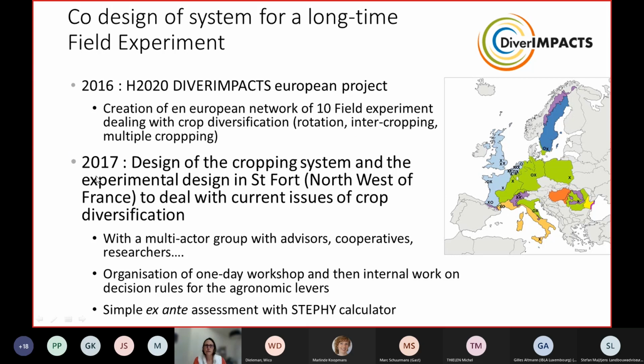So in 2017, we designed the cropping system and the experimental design of our field experiment to deal with the current issues of crop rotation with multi-stakeholder groups, with advisors, cooperatives, researchers, during a one-day workshop. Then we finalized the work on the decision rules, and we had a simple assessment before implementing the experimentation.